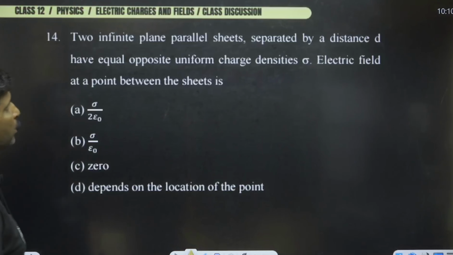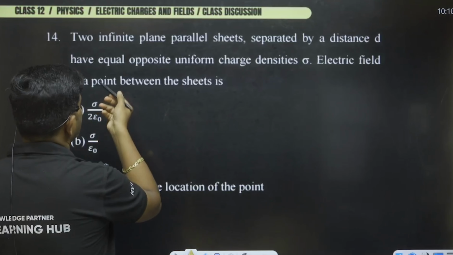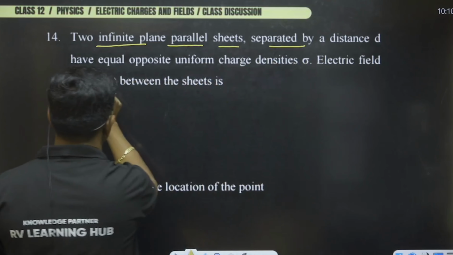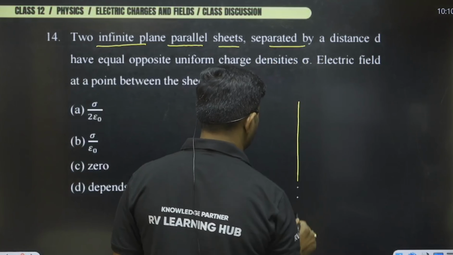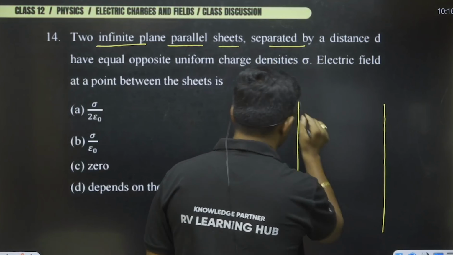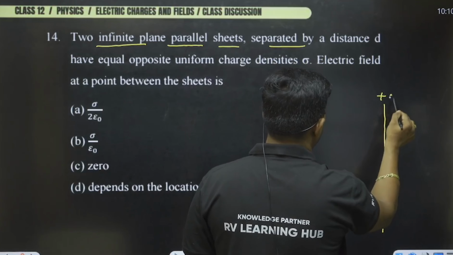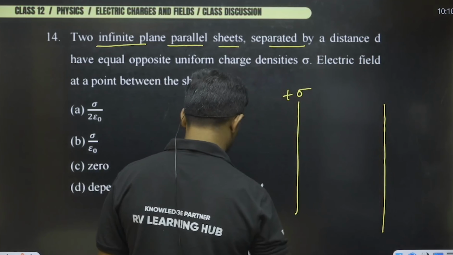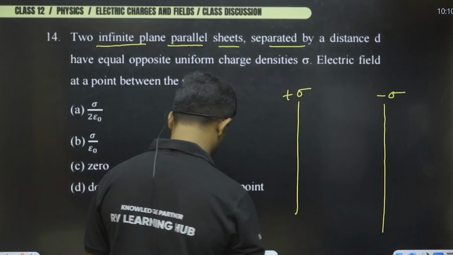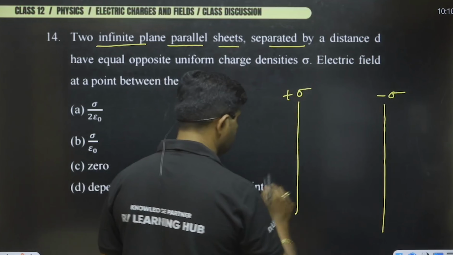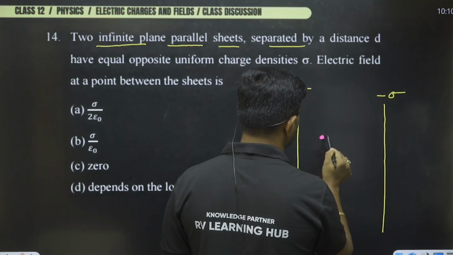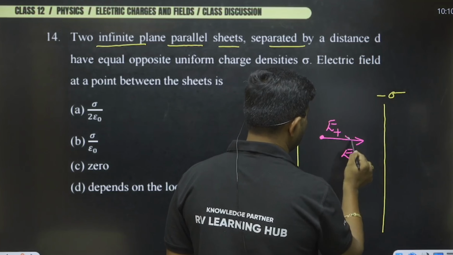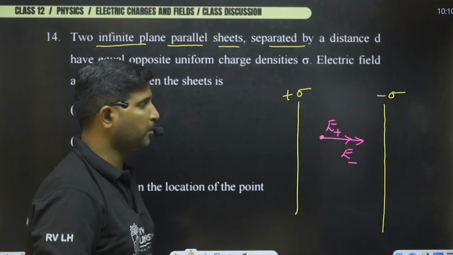What they have given to you? I think you can easily answer this question. Two infinite plane parallel sheets separated by a distance d have equal and opposite charge densities. One is having the positive charge and the other one is having the negative charge. Therefore, at some point, the field due to the positive plate is E plus and the field due to the negative plate is E minus.